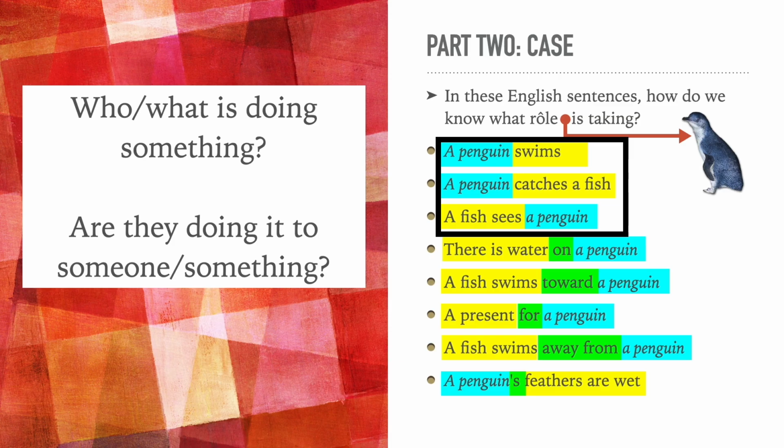The only thing that changes about it is where it sits in the sentence. And this indicates that a noun phrase, or a noun in general in English, doesn't use case. It uses only its position in the sentence to tell us who is doing what to something else, or if they're doing something that isn't affecting someone else.